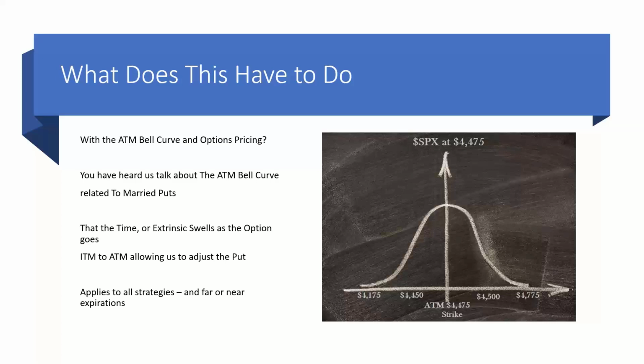You can actually see extrinsic value increase without a change in implied volatility as you get closer to expiration, because the option is going from out of the money to now at the money, and then back to in the money. And this applies to all strategies, not just the married puts, where we use it to decide adjusting the married put position, or when to sell the premiums with the 12 different income methods as well. It applies to all strategies, far and near expirations as well.